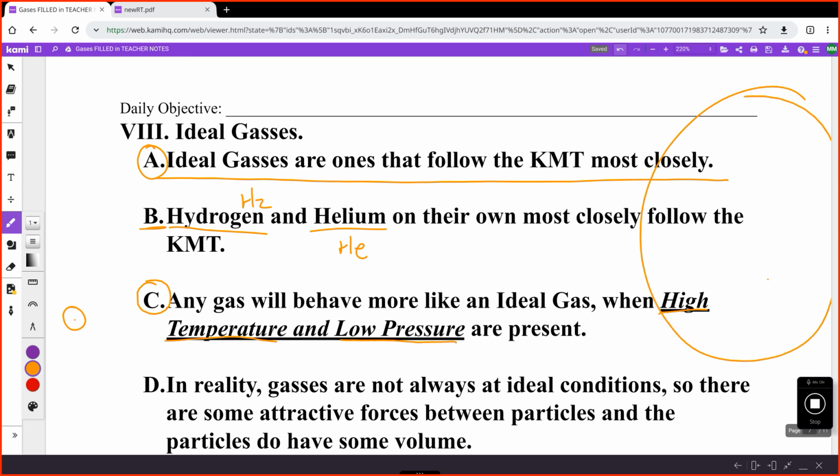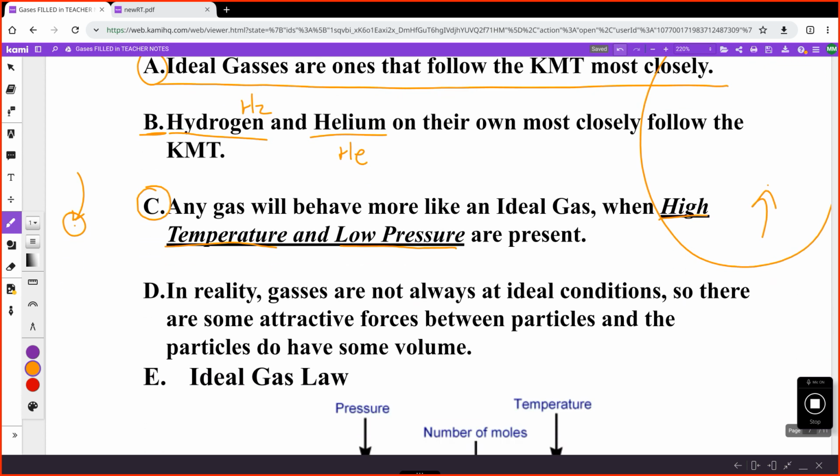Now this dot is what we would call much more negligible. It doesn't actually consume much of the space. And so that goes back to what we were talking about with the kinetic molecular theory, right? Gas molecules have a much more negligible volume if the volume that they are occupying is much larger. Okay, so that's the reason why.